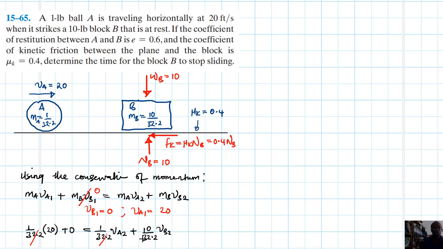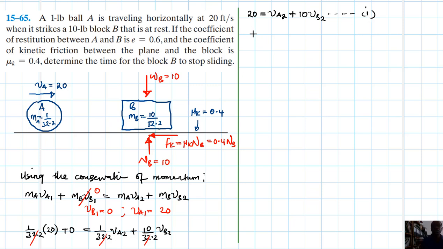Of course, the 32.2 terms cancel, and what we remain with is 20 equals VA2 plus 10 VB2. So this is equation 1.